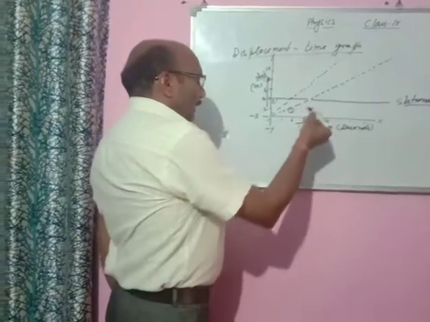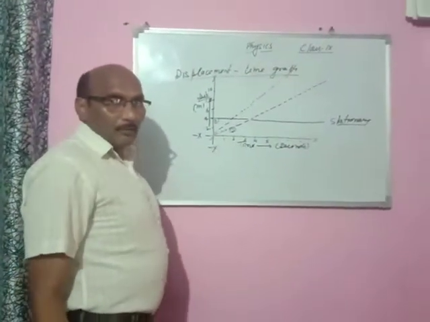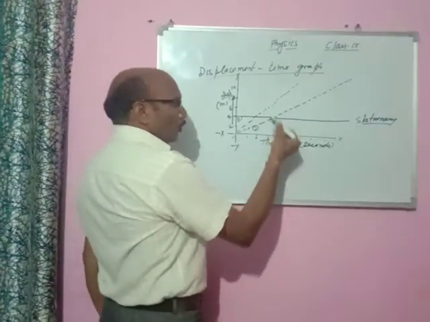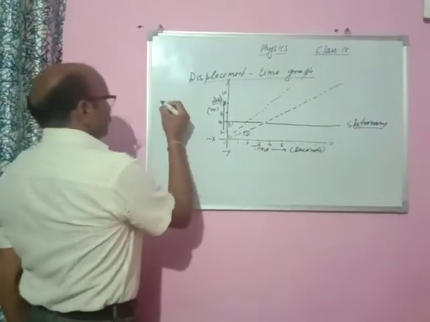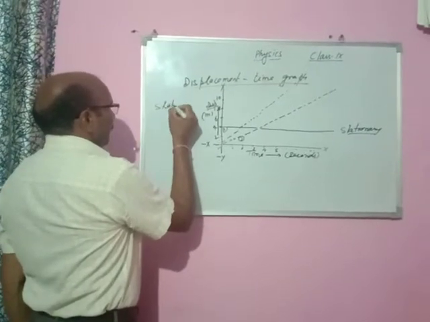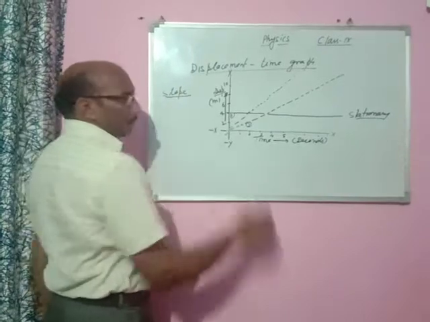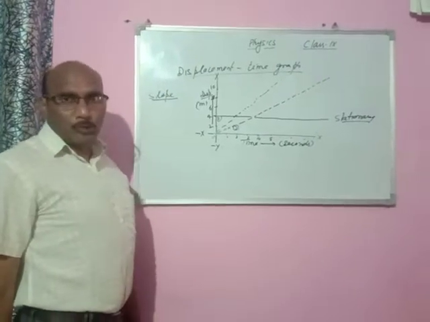So now I will tell you one more point. Let you are going to find the slope of this graph. New concept, slope. I hope in class 9th, class 8th also, you study in maths. What is slope?